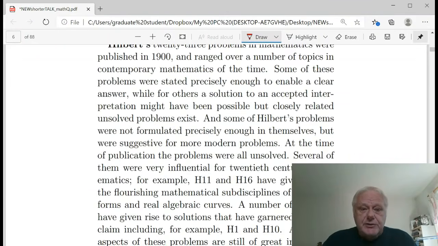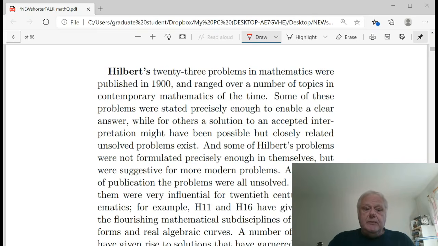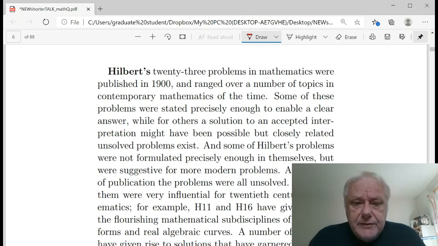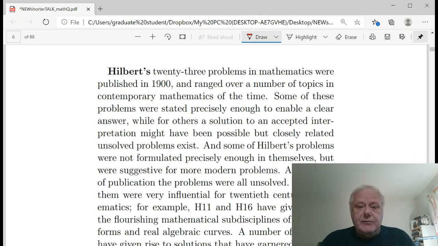So Hilbert's 23 problems were published in 1900 and ranged over a number of topics that were contemporary at the time. Some of these problems were stated precisely enough to enable an answer, others were not. In fact, some of them were formulated so imprecisely that nowadays one wouldn't even include them as legitimate problems in mathematics.